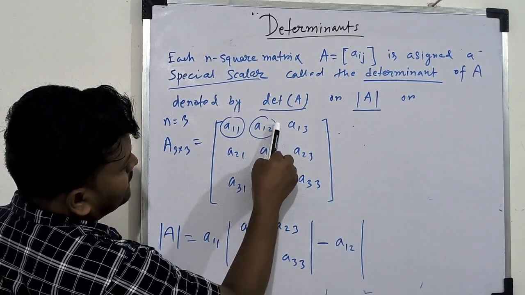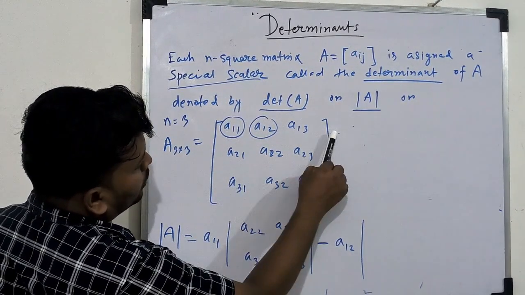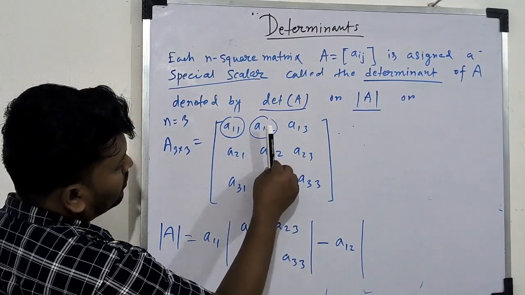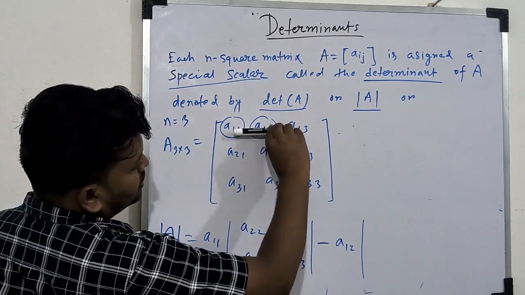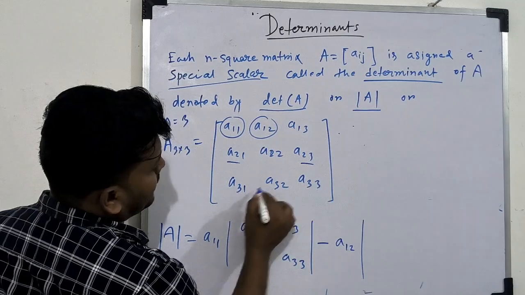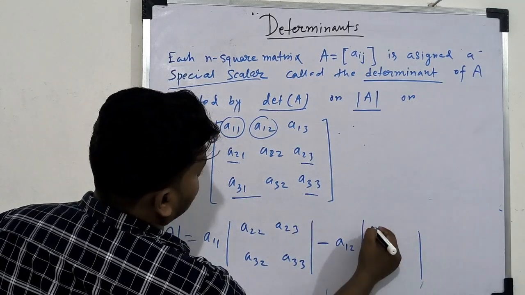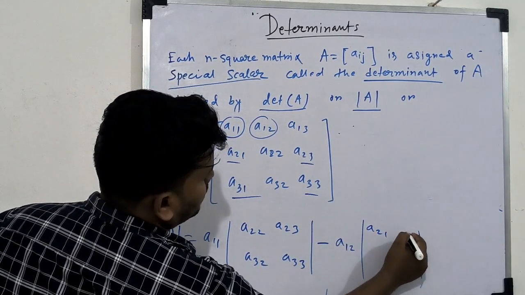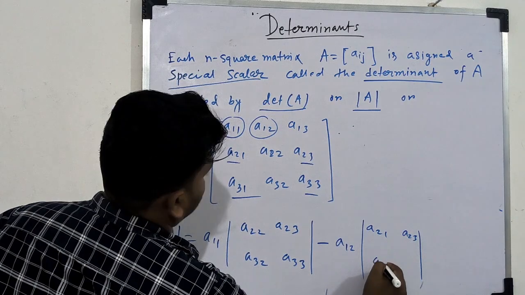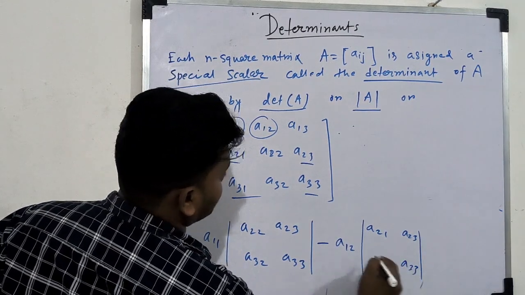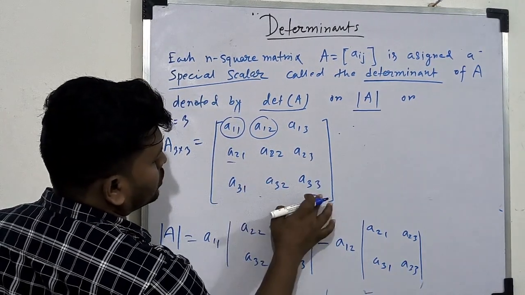This is the first row and second column, so removing the second column and first row, write the remaining elements in this small matrix, that is A21, A23, A31, A33.